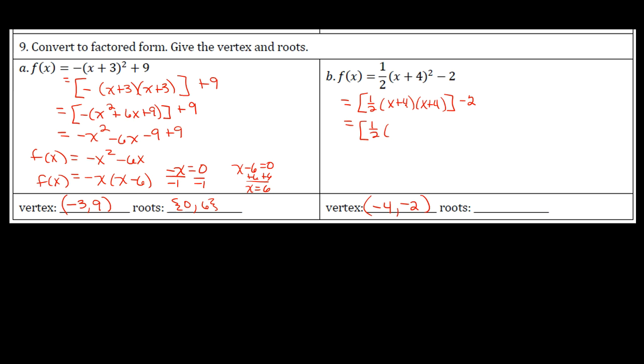Again, I'm creating a perfect square trinomial when I square a binomial. So I get x squared plus 8x plus 16. I'm going to multiply my 1/2 only to the trinomial. And now I can bring in my -2.